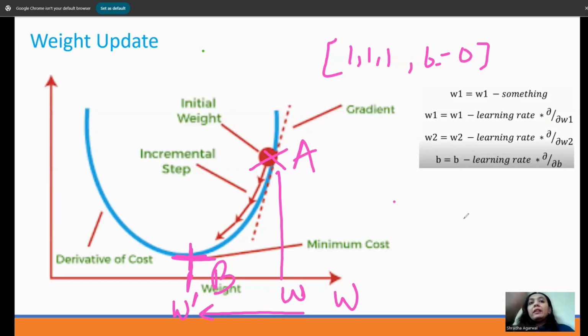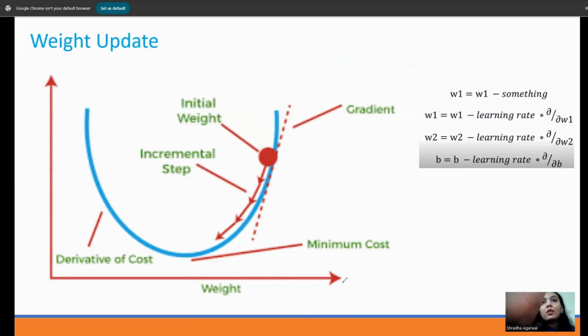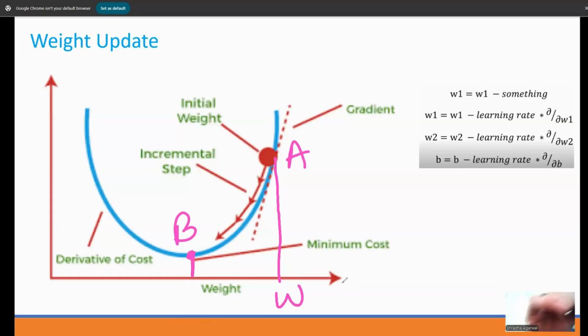So W1, now you are going from step A. This is your point A that came when you started training your model, to something which is the most optimized value B. Now this is your W and this is your W dash.